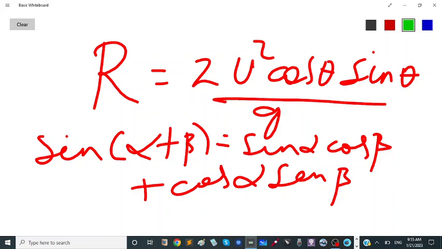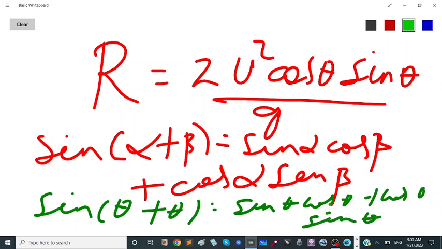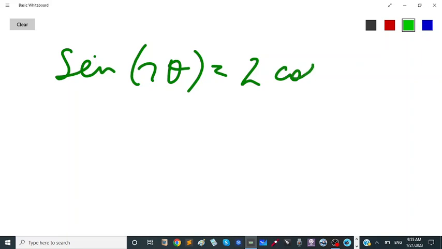So if you substitute theta for both, sine of theta plus theta is sine of theta cos theta plus cos theta sin theta, which is equivalent to say sine of 2 theta is given by 2 times cos theta sin theta.